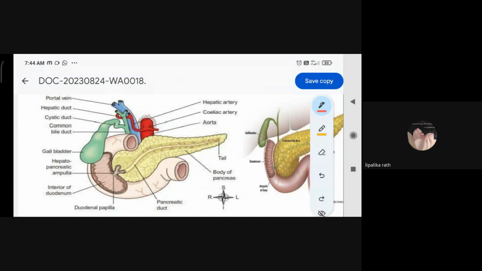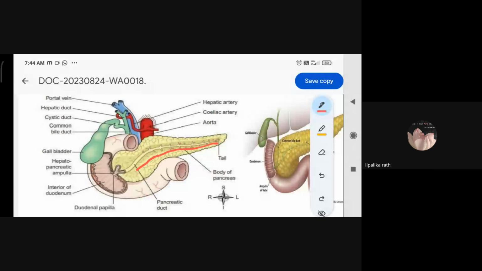And the pancreas has a pancreatic duct. You can see here, this is the main pancreatic duct. It is collecting pancreatic juices from the cells of the pancreas.